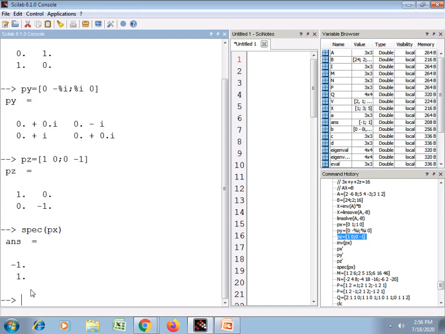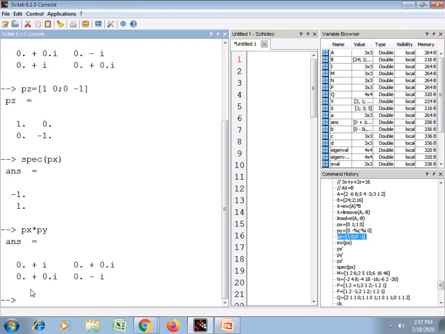Then we take the product px into matrix py, so it is equal to i, 0, 0, minus i. So this is nothing but i times pz matrix, the third Pauli matrix.